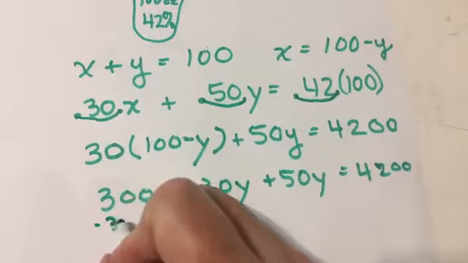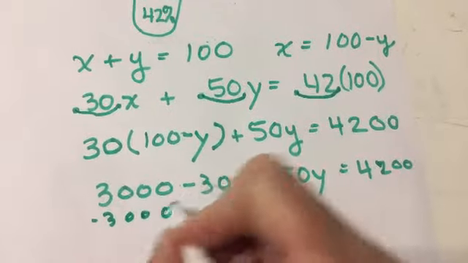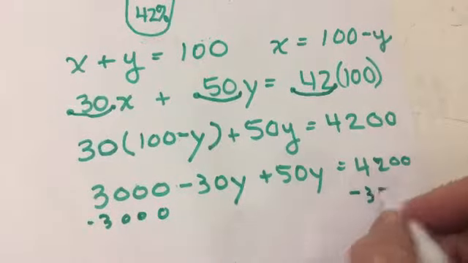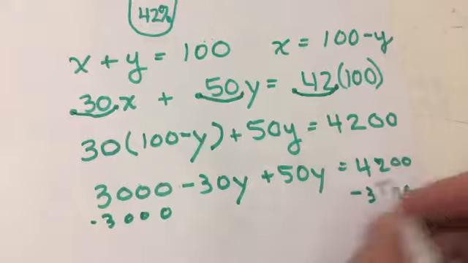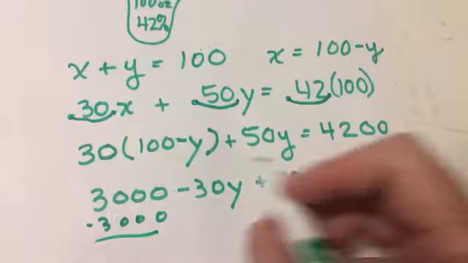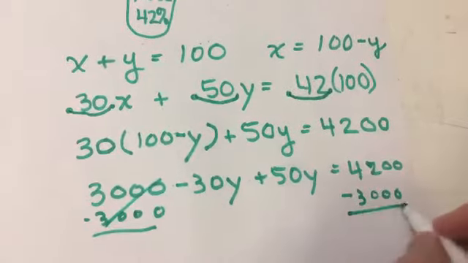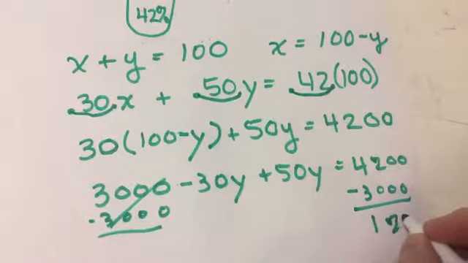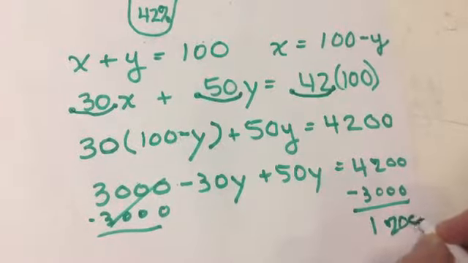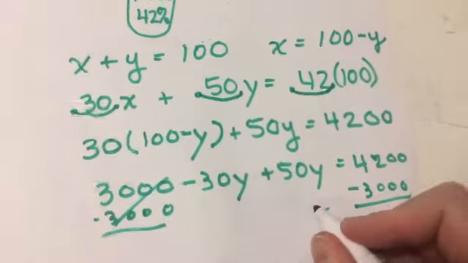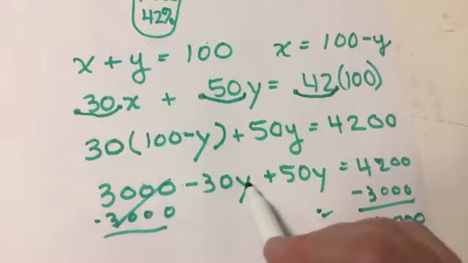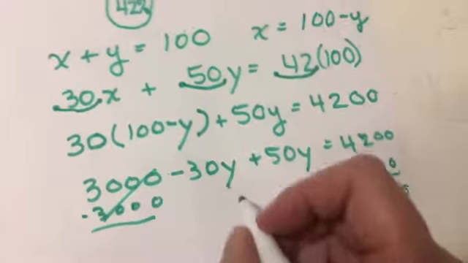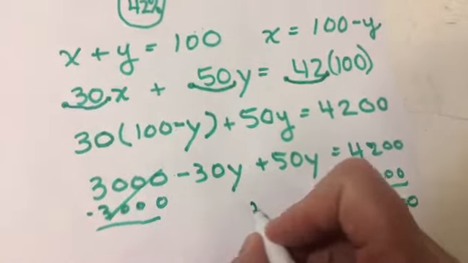So minus 3,000 and minus 3,000. That's going to cancel. This is going to leave me with 1,200. And then I've got a negative 30Y and a positive 50Y, which will give me 20Y.